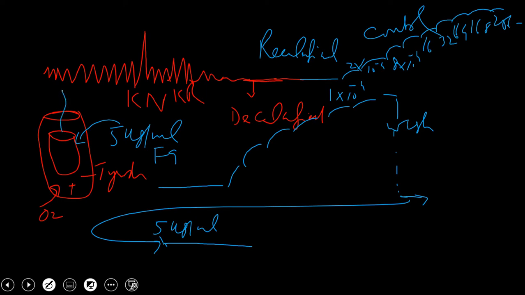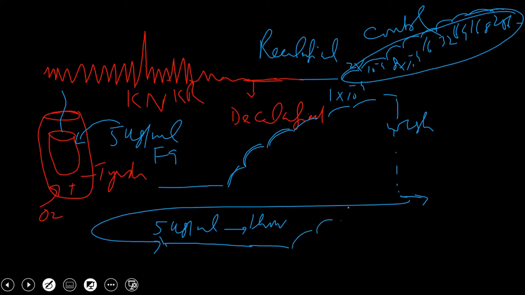Then give an incubation period of 1 hour, and again you have to recalcify the tissue, apply the same amount of calcium, and you will get again a response like this one. So at the end of the experiment, you will get a graph response like this one.